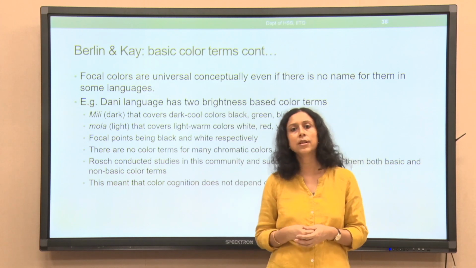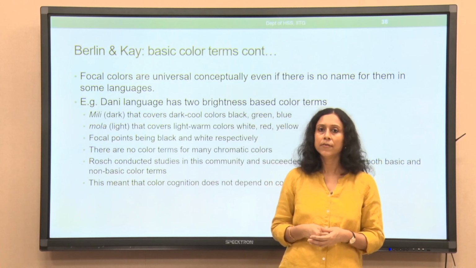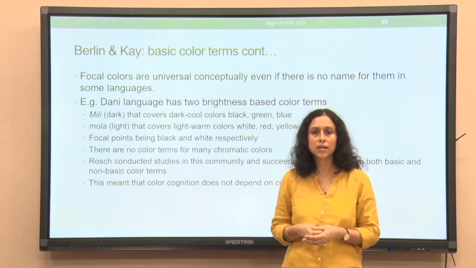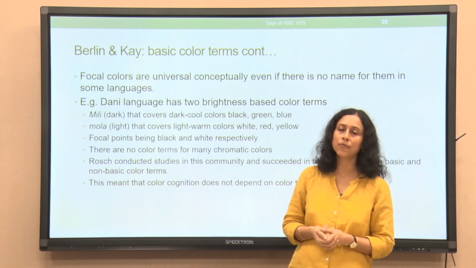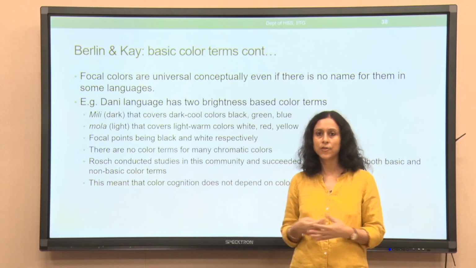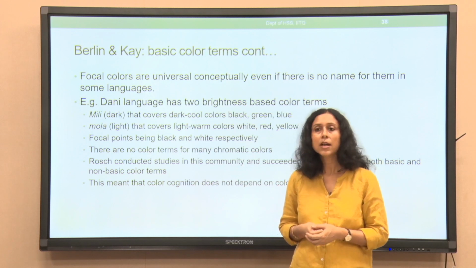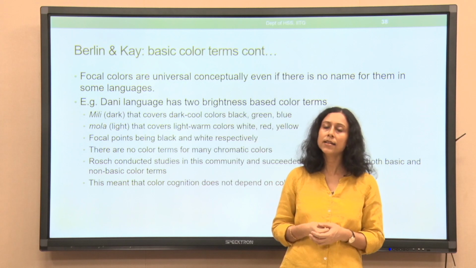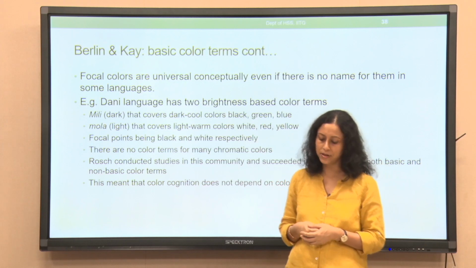And Rosch has shown us that even if you ask different speakers of the language about the focal color, what is a representative color of Mola, there are differences across speakers. So, through this we have seen that the theory of prototypicality holds in the case of color terms.